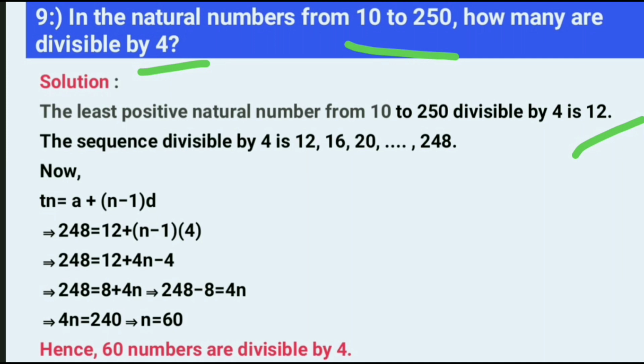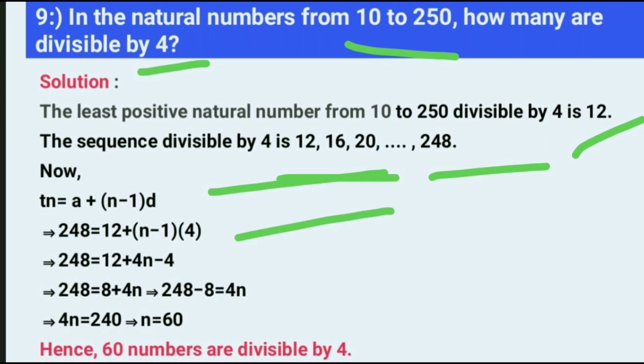The sequence divisible by 4 can be written as 12, 16, 20, and so on to 248. Now Tn is equal to A plus n minus 1 into D. So 248 is equal to 12 plus n minus 1 into 4 as common difference is 4.